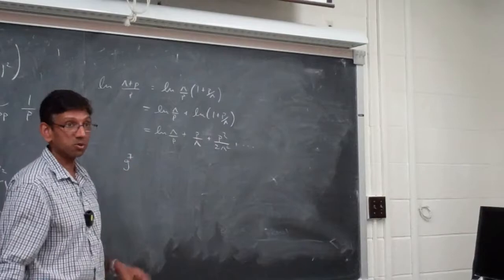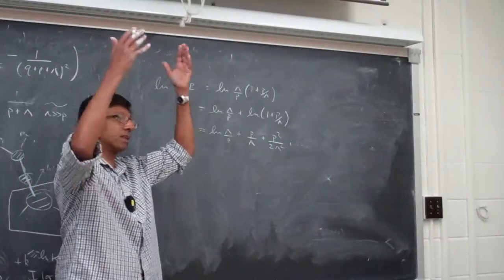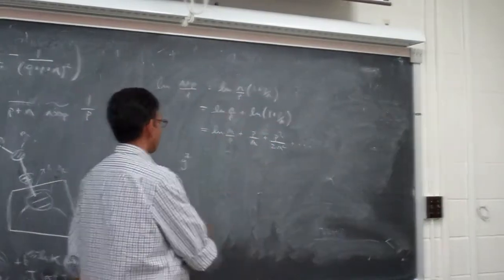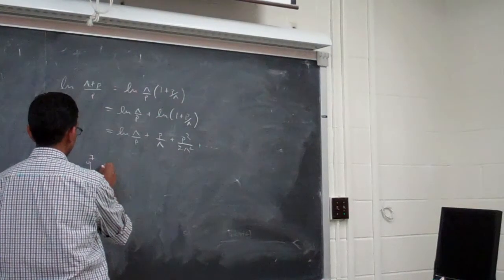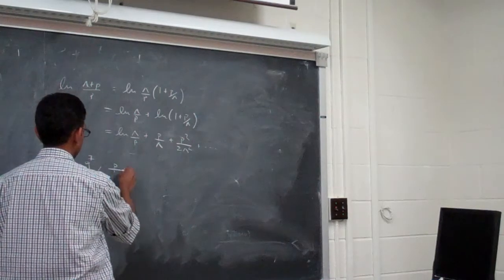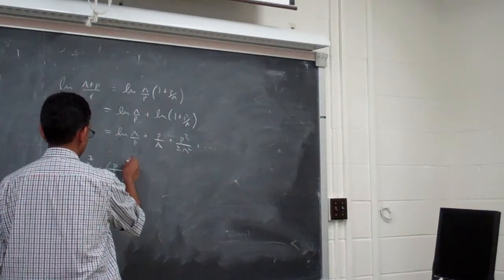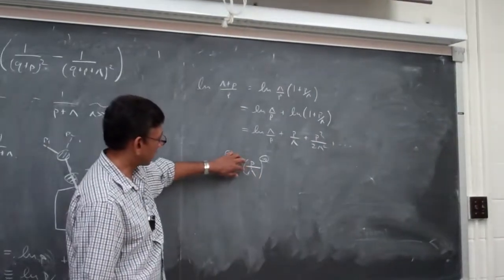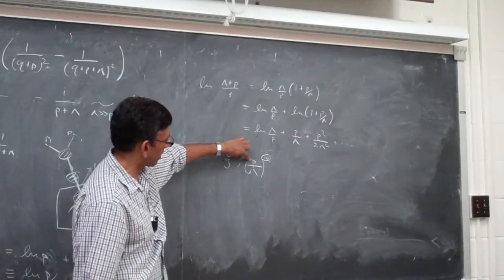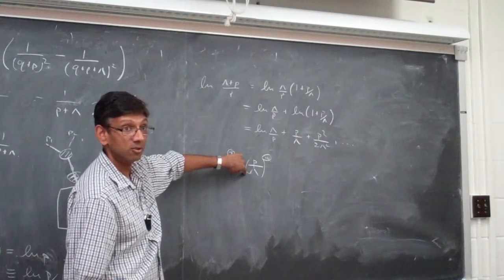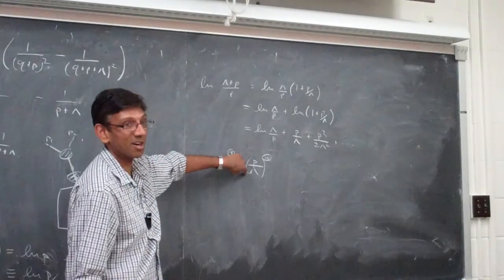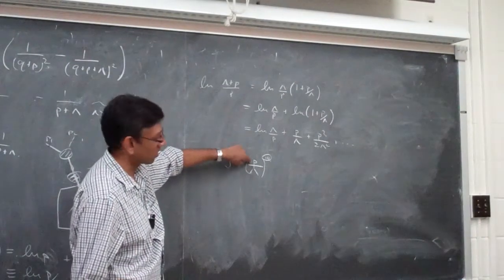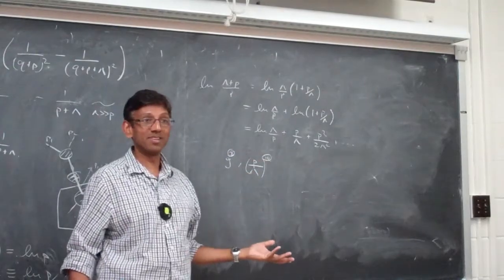When you think of lambda as just being bigger than my experimental scale, but still not arbitrarily big, you also work to some order in experimental energies over new physics scale, if you think of this cutoff as being a proxy for new physics scale, right? You work to that order, and then it becomes a polynomial.